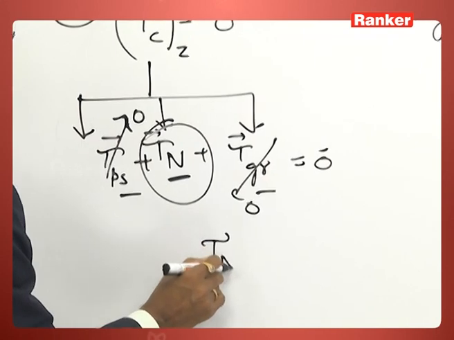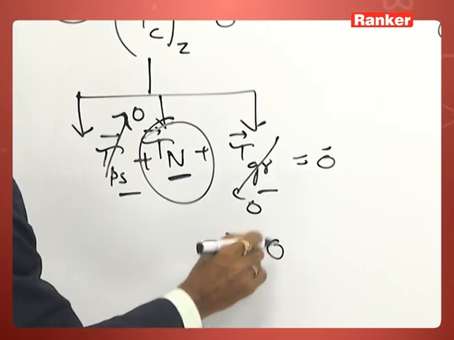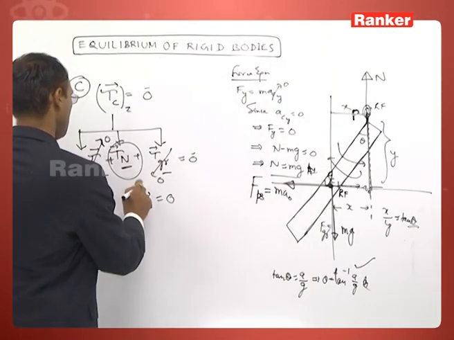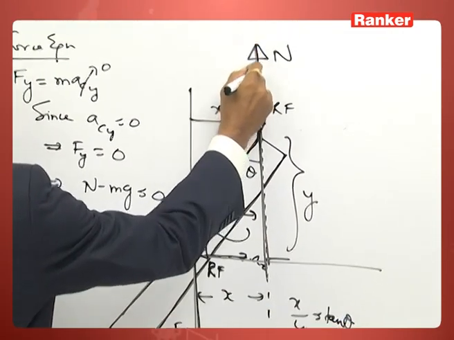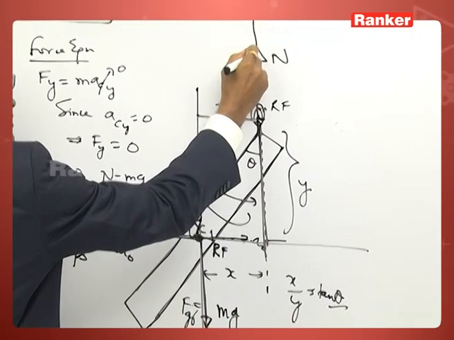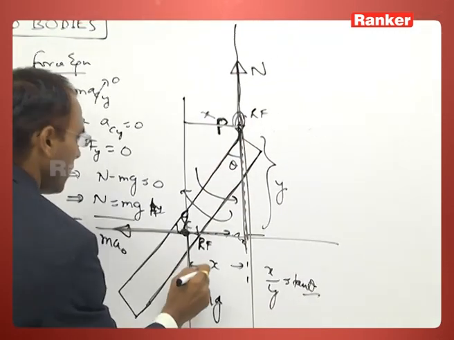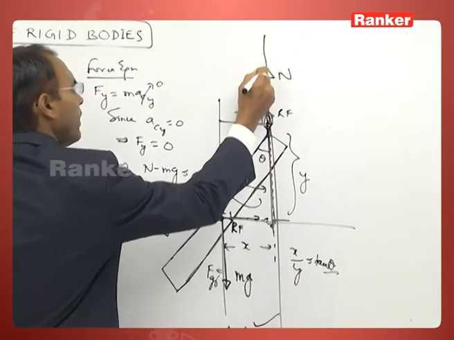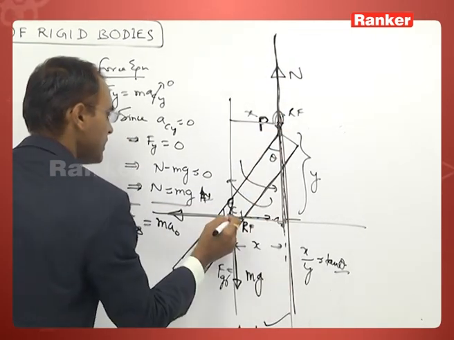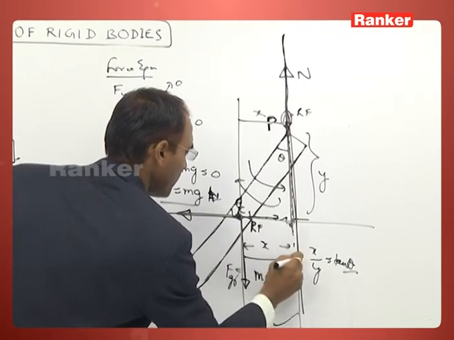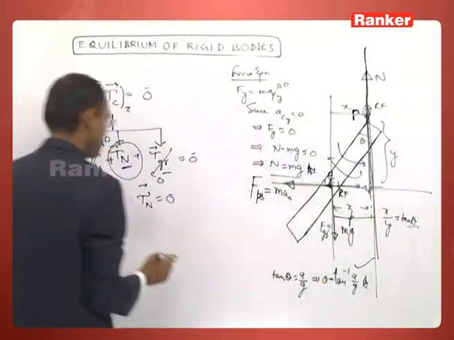The normal reaction torque is equal to 0? But the torque produced by the normal reaction is equal to the normal reaction times the perpendicular distance. This is the line of action of the normal reaction, and this is the point of reference. The perpendicular distance is equal to x.